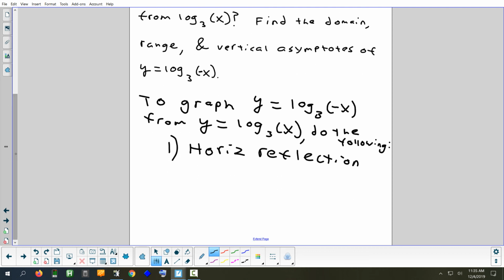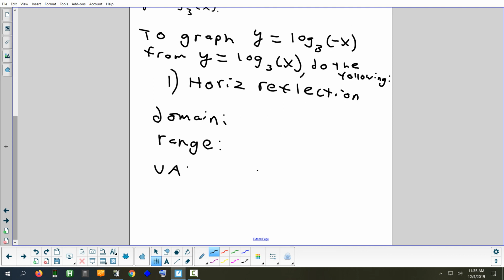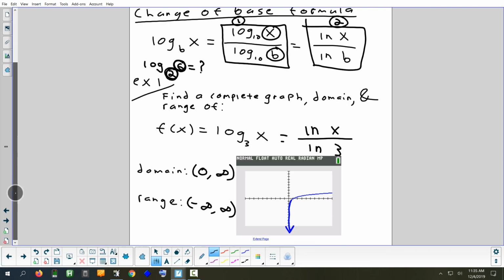Now, domain, range, and all that stuff. Well, think about it, if we know what the original looks like, we just graphed this one. So imagine that picture flipped horizontally.